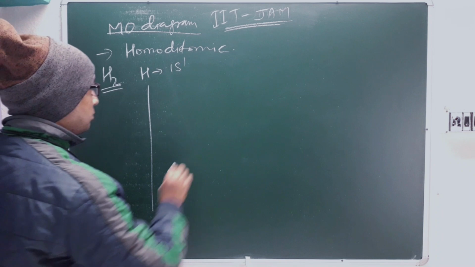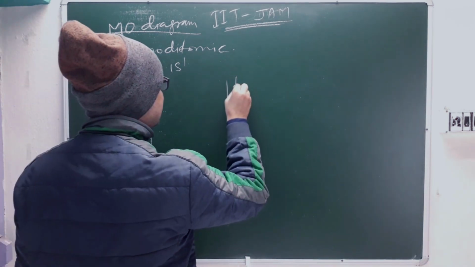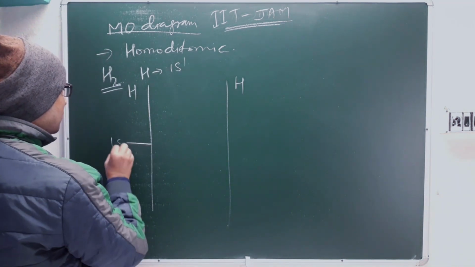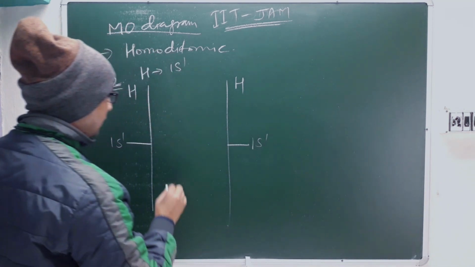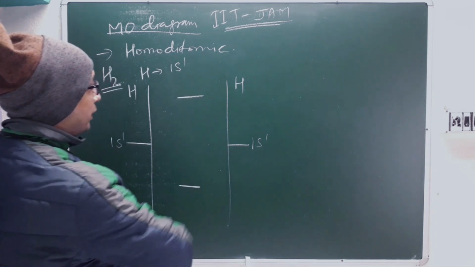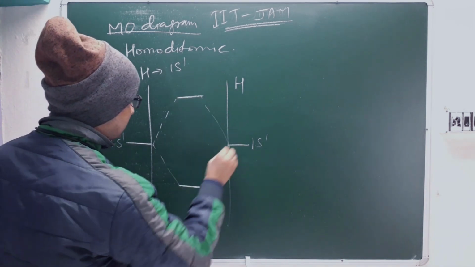So how are we going to make this MO diagram? We'll put this hydrogen on this side and the other on this side, and we know that its atomic orbital is 1s1. Here also, for this hydrogen, the atomic orbital is 1s1. So what will happen? This is the bonding molecular orbital and this is the anti-bonding molecular orbital, right? So we just need to draw this.